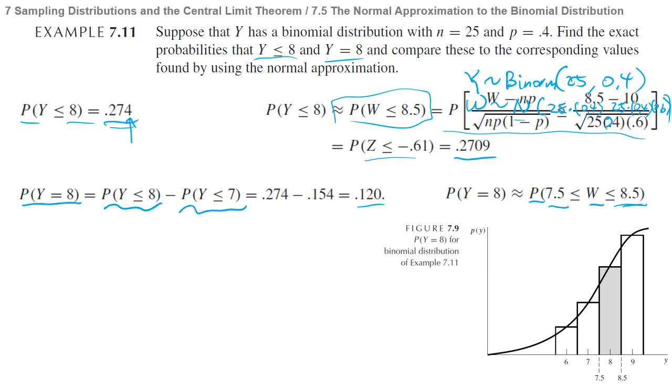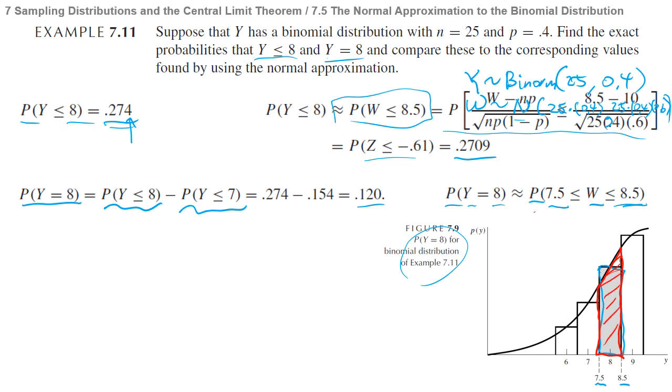You can check this figure to see the probability of Y equals 8, which is this thing, and you can approximate it using a normal distribution from 7.5 to 8.5. So the rectangular area is approximated by this red area.